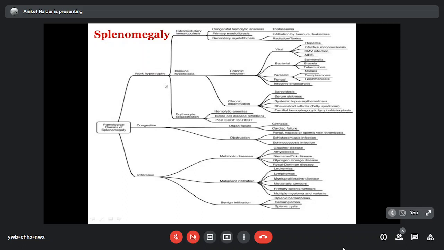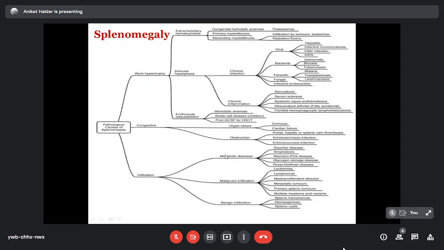and the splenomegaly due to extramedullary hematopoiesis, which is again seen in different hemolytic anemias to compensate for the ineffective erythropoiesis, in myelofibrosis due to infiltration by tumors, leukemias, or due to radiations. And lastly, the other causes of splenomegaly can be infiltration, which can be malignant or non-malignant.